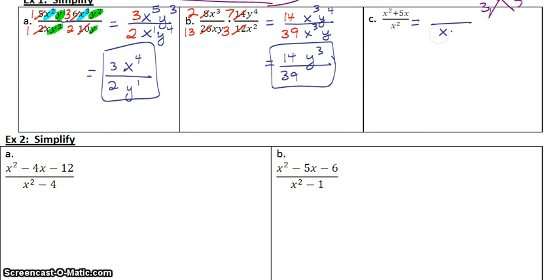X squared, I could rewrite that so it's x times x. And then on top, I can actually factor this like we hopefully have been working on. I can factor an x out of there, so I've got x times x plus 5. And now, because it has a multiply, now you can cancel that x and that x. And so my final answer is x plus 5 over x. And again, you can't cancel if there's a plus sign.